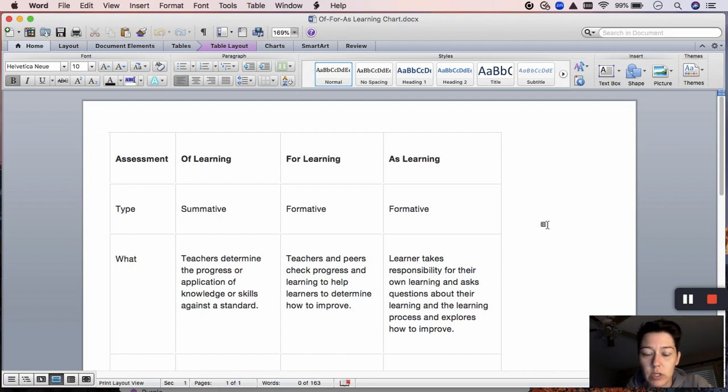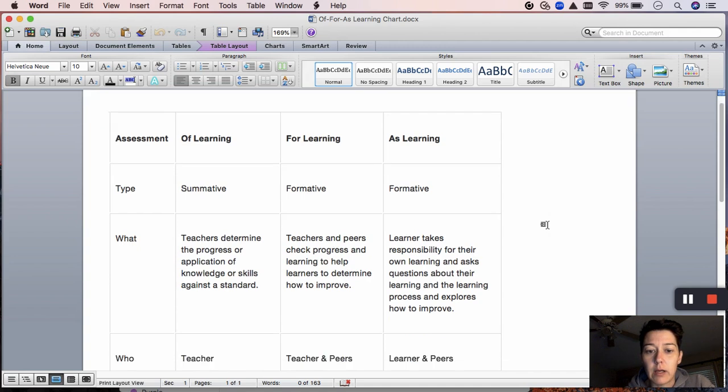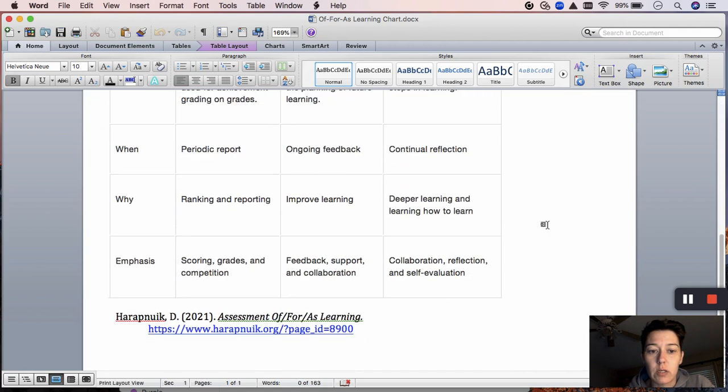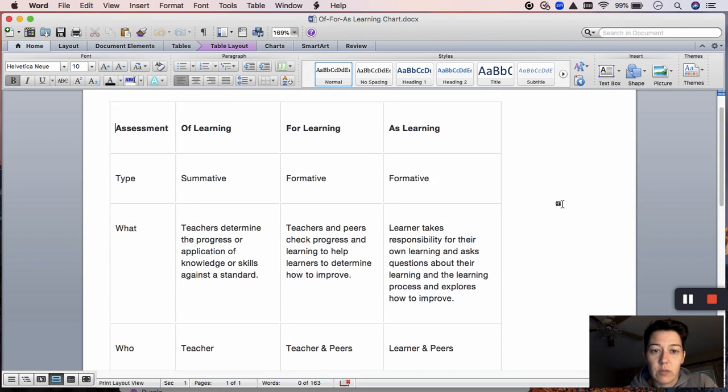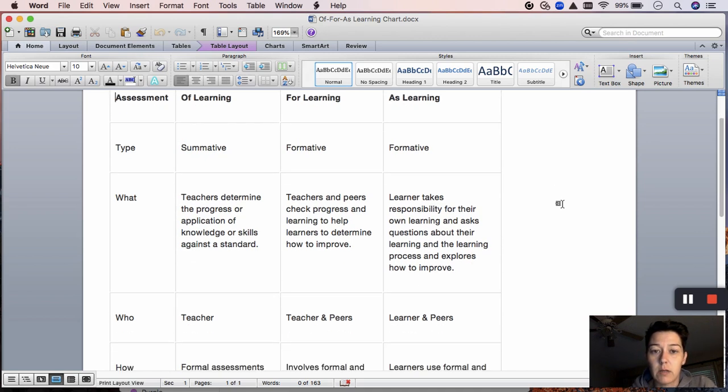And I just want to draw your attention to this chart that I had found on Dr. Hrapnik's website, and this chart is from the Assessment of for As Learning page. And so it talks about assessment of learning being summative, and for learning and as learning being formative.